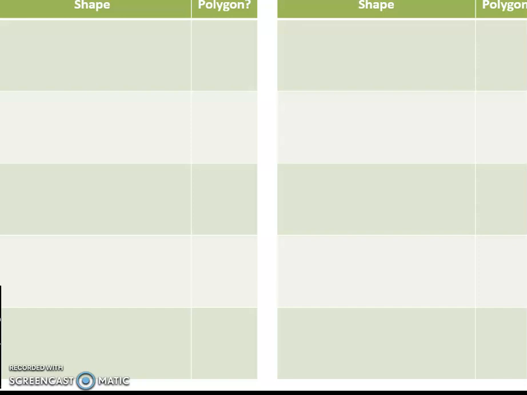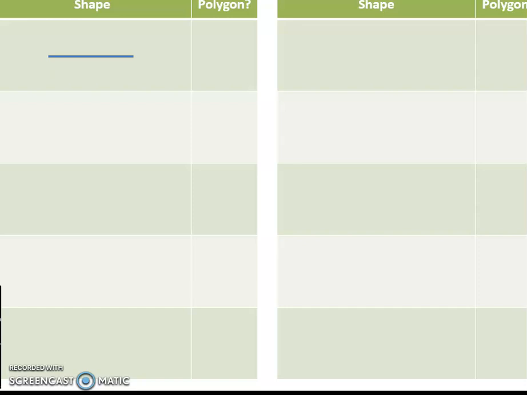Just write a Y for yes or N for no if you believe the shape I show you, such as this one on the screen now, is a polygon. As we go through, we'll develop a definition. Hopefully by the end of this part of the presentation, you have a pretty good understanding of what a polygon is and definitely what it's not.